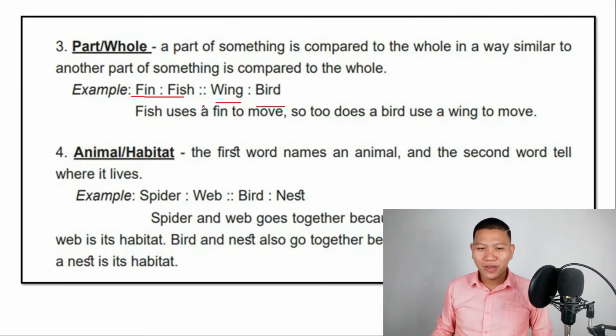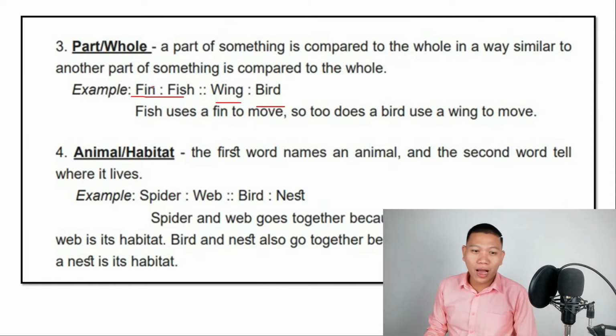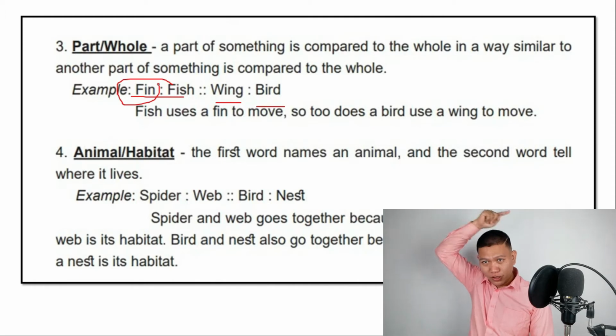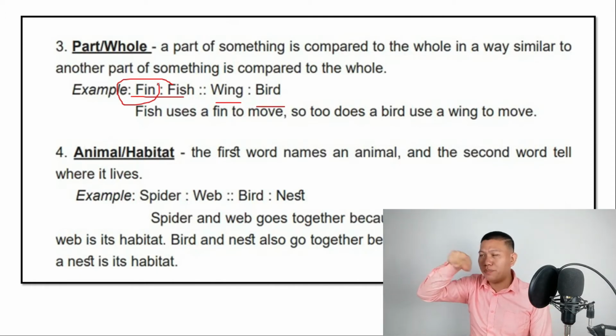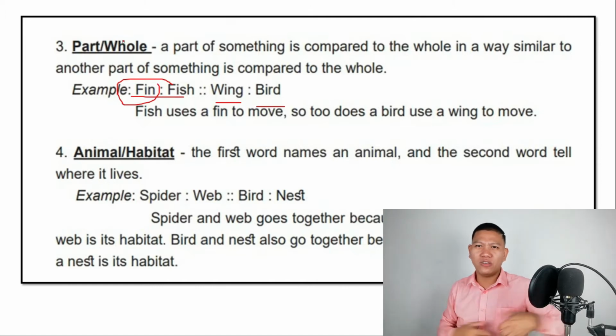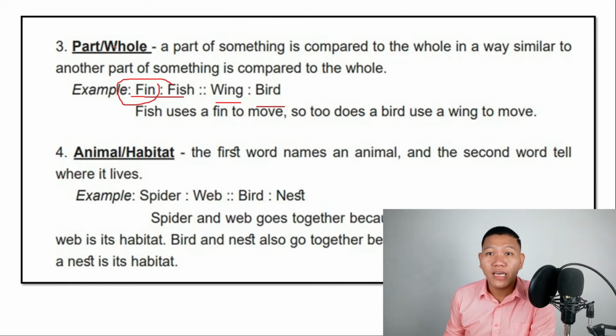So notice that we took a part, fin. Fin is like, you know, that pointed shape we could see on the upper part of a fish. That is a fin. Sometimes they also have it on their sides. And it is used by a fish.